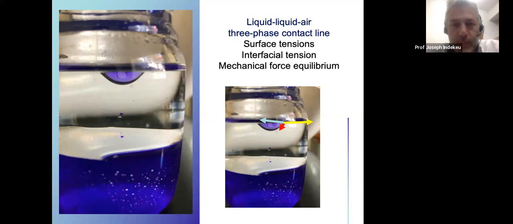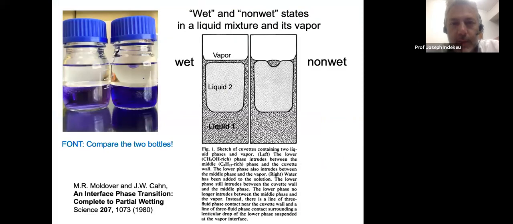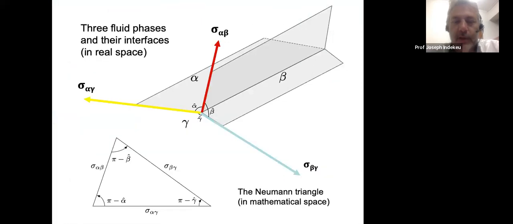So the problem we were addressing is that given that we have a three-phase equilibrium, as depicted here in this cartoon, how do you go from this mechanical three-phase equilibrium in which the forces are indicated here by the arrows? How do you go from this star configuration to the triangle configuration that is called the Neumann triangle?